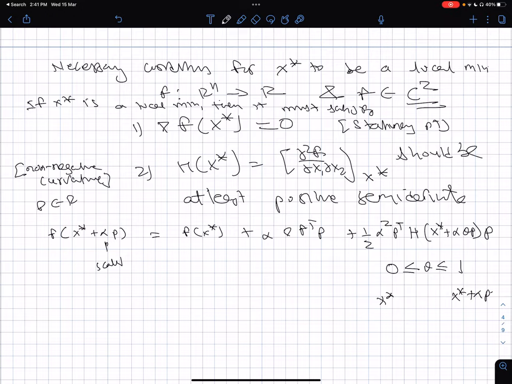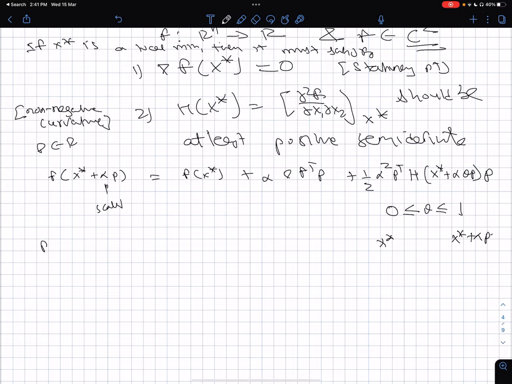Let's just quickly run through the proof of it. Let's assume to the contrary that the gradient of x star is not equal to 0, given that x star is a local minimum.